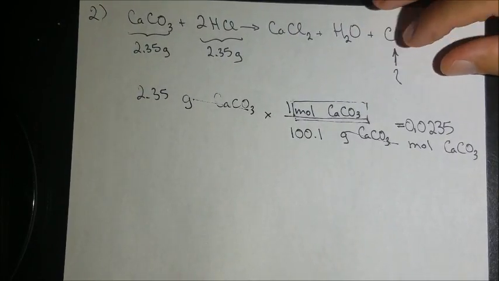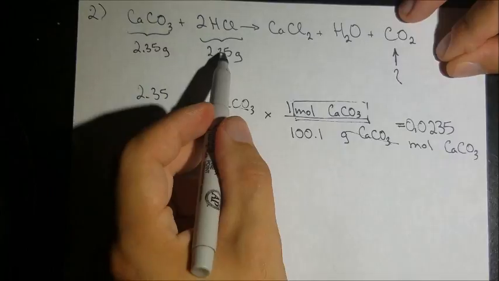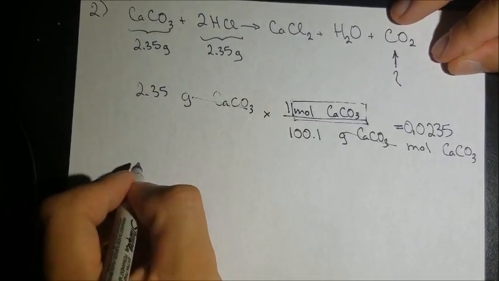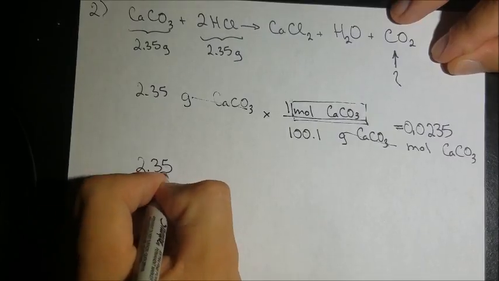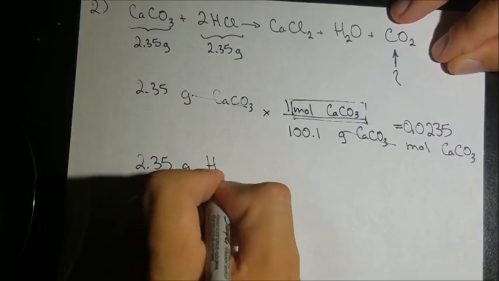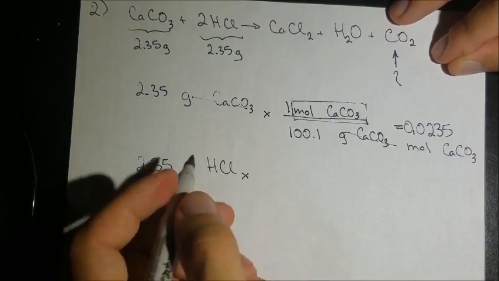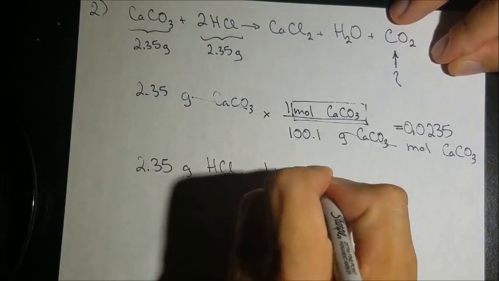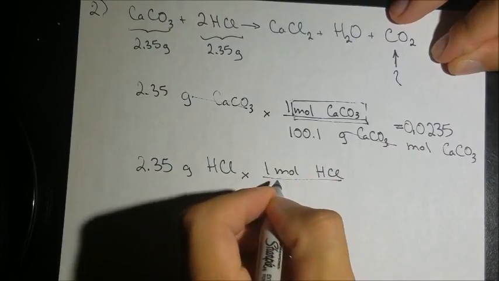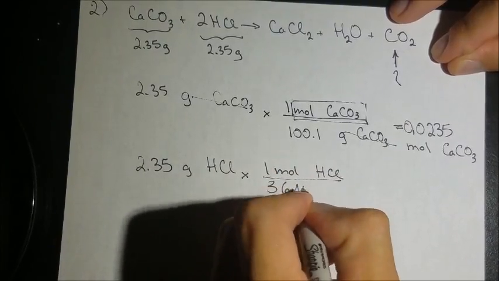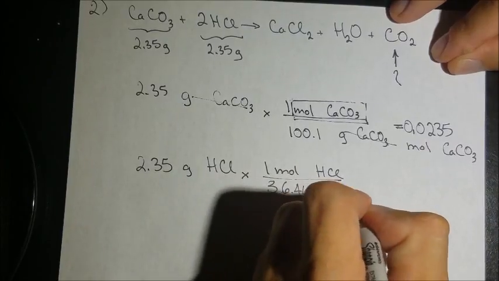Then the next thing we have to do is figure out how many moles of hydrochloric acid do we have. So let's go ahead and do that. It's the same thing, 2.35 grams of HCl times, for every 1 mole of HCl, there are 36.46 grams of HCl.